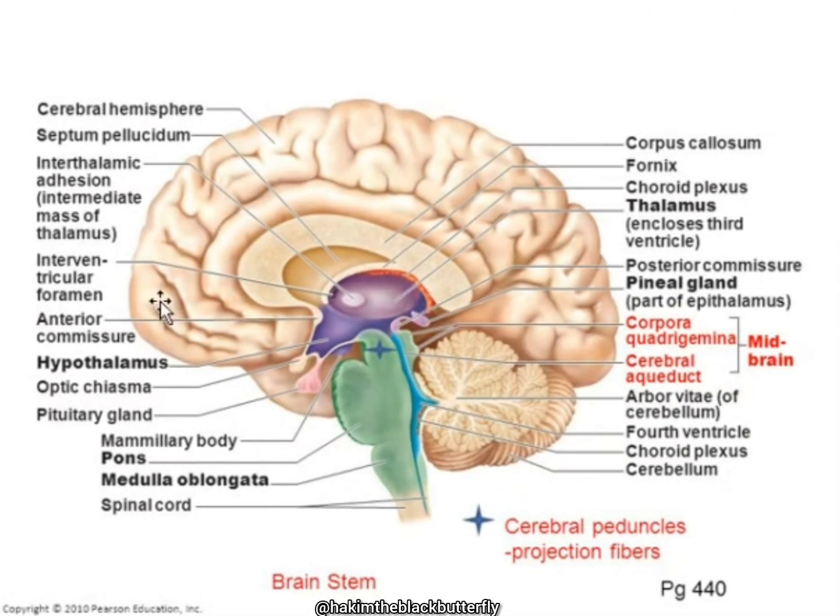So when you're making a transverse section like that, what do you go through? Which structures do you go through anterior to the thalamus? The cerebrum, the corpus callosum, the anterior portion of the cavum septum pellucidum, the anterior portion of the fornix, and then the thalamus.